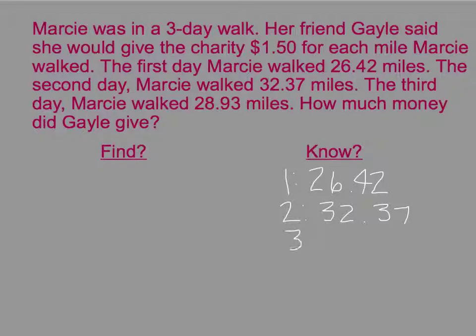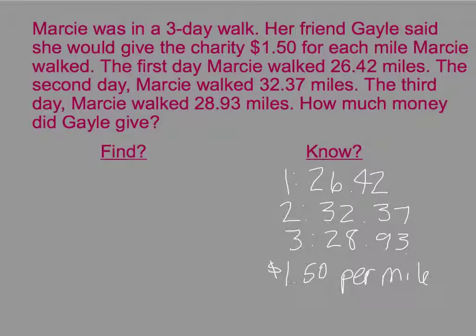And we know that the third day she walked 28.93. And the last piece of information that we know is how much money Gail gives her per mile. We know that per mile, Gail is going to give Marcy $1.50. So this is the information that we're working with here.